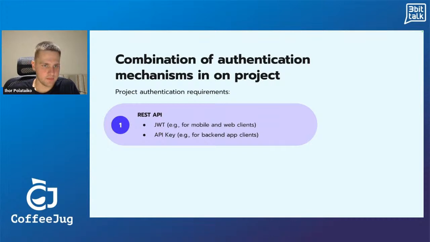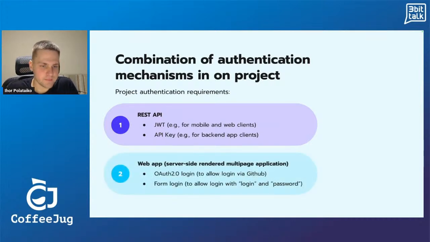But the other authentication requirement is to secure server-side rendered multi-page web application, like old style MVC web application, pages and HTML forms, with login options. So it has to allow login via GitHub, and also form login, which has to allow login via login and password.